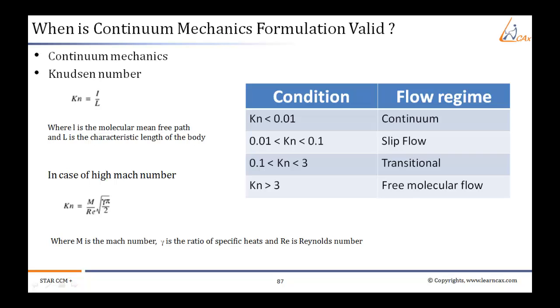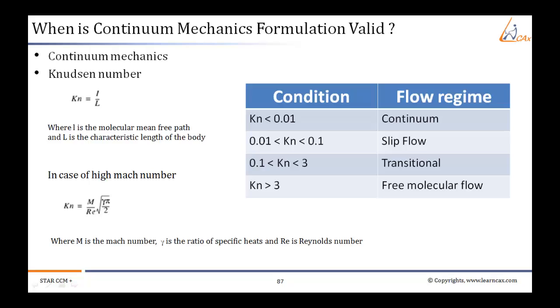Solving for transitional flows requires a statistical method such as a direct simulation Monte Carlo approach. In the free molecular regime, the flow is sufficiently rarefied that molecular collisions can be neglected. The continuum assumption that is built into the Navier-Stokes equations is not applicable to these rarefied gas regimes.